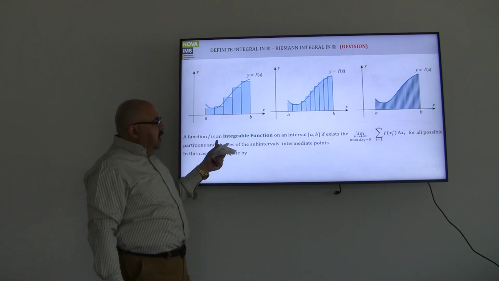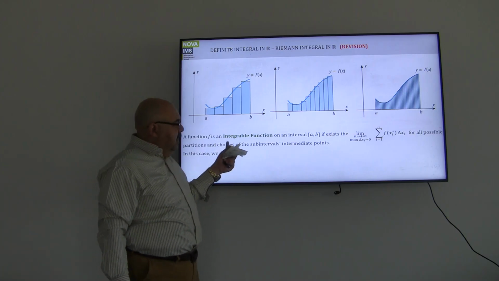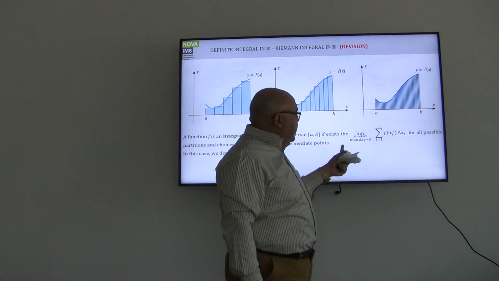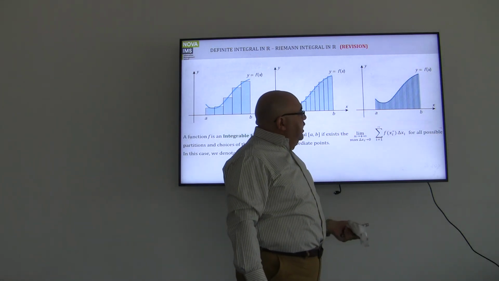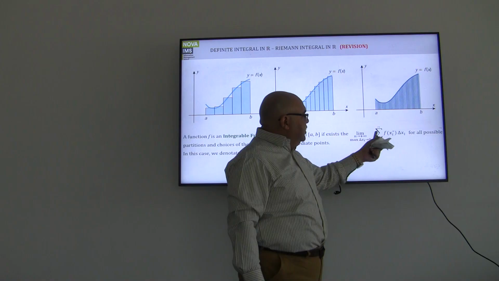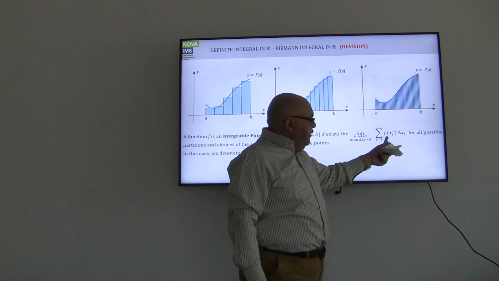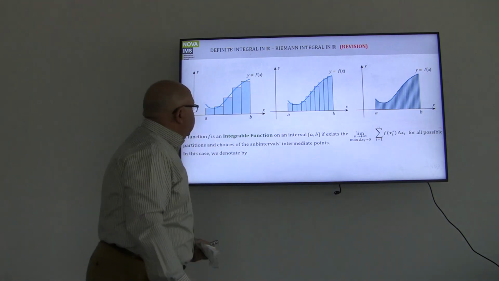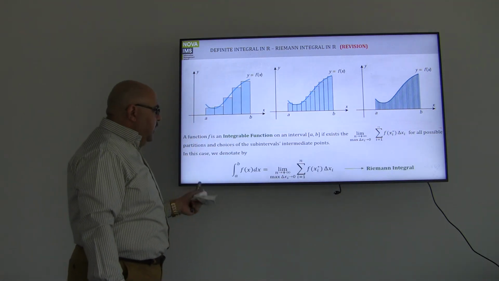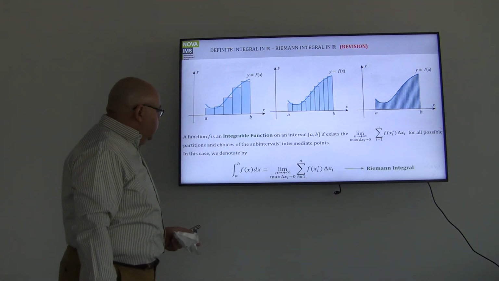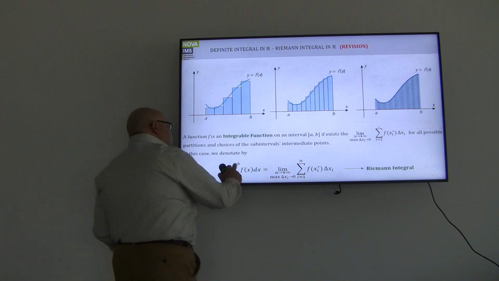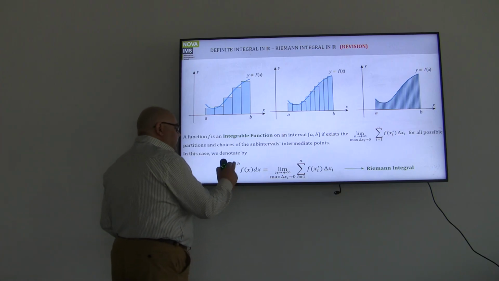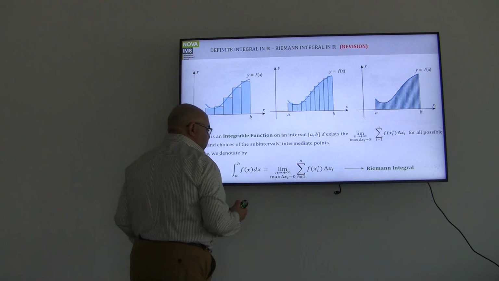And so using the Riemann sum, I will be able to evaluate the area under the curve using the summation notation of f of xi times delta xi, as you can see. And that's the Riemann integral, which defines the definite integral from a to b of f of x dx.